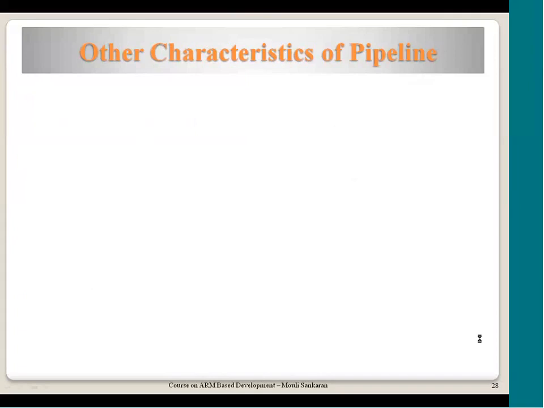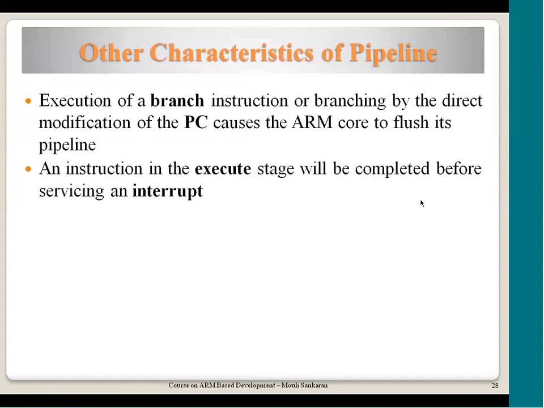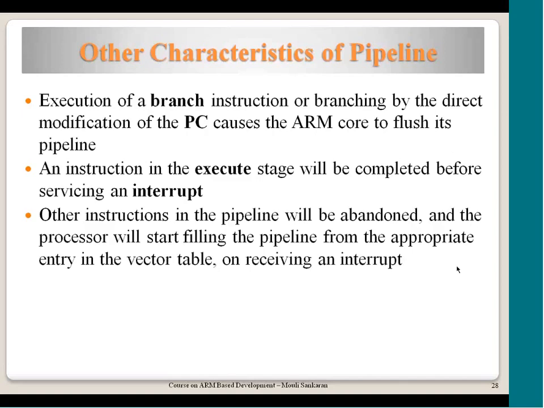Other characteristics of the pipeline: a branch instruction, or branching by direct modification of the PC, causes the ARM core to flush the pipeline, as I mentioned to you. Another possible reason could be an interrupt. When an interrupt happens, after the instruction which is getting executed is completed, the flow goes to the ISR, the interrupt service routine, which is accessed from the interrupt vector, and it starts executing the ISR from some other address.